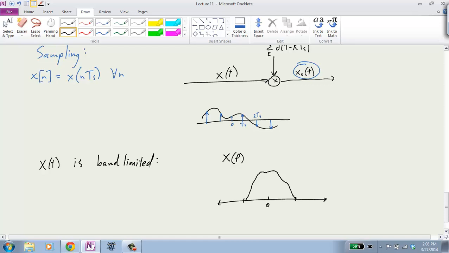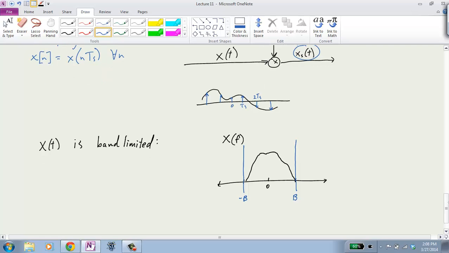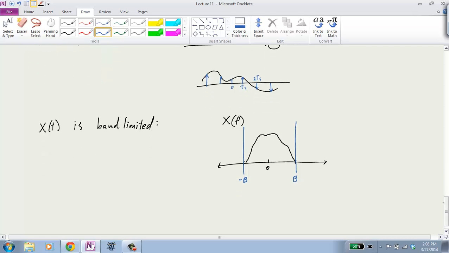But outside of that range, you have zero magnitude in the Fourier transform. Let's say the maximum frequency you have here is B. So from negative B to B, the spectrum lives in that range. We call this band limited. In fact, people would often refer to this as having a bandwidth of B.